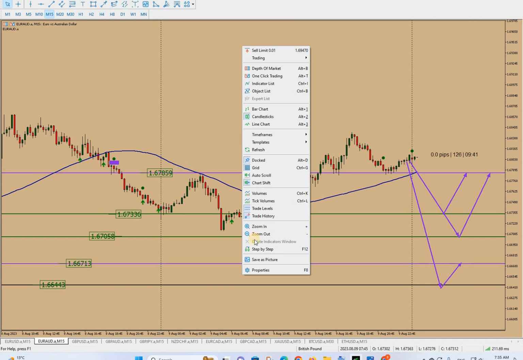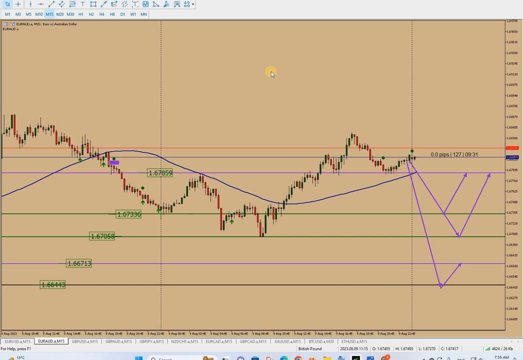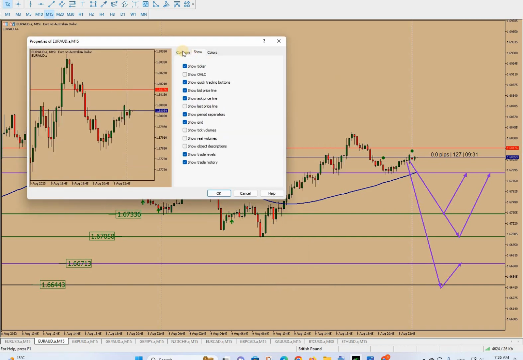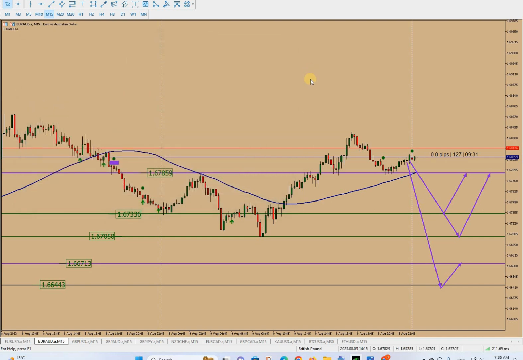So if you don't have that indicator, which all the brokers offer, if you don't tick it, when you enter the trade, you wonder why your entry is here but you are here, and then you lose money because of this problem. You can also change the color. You go to colors and choose any color for bid price or ask price.